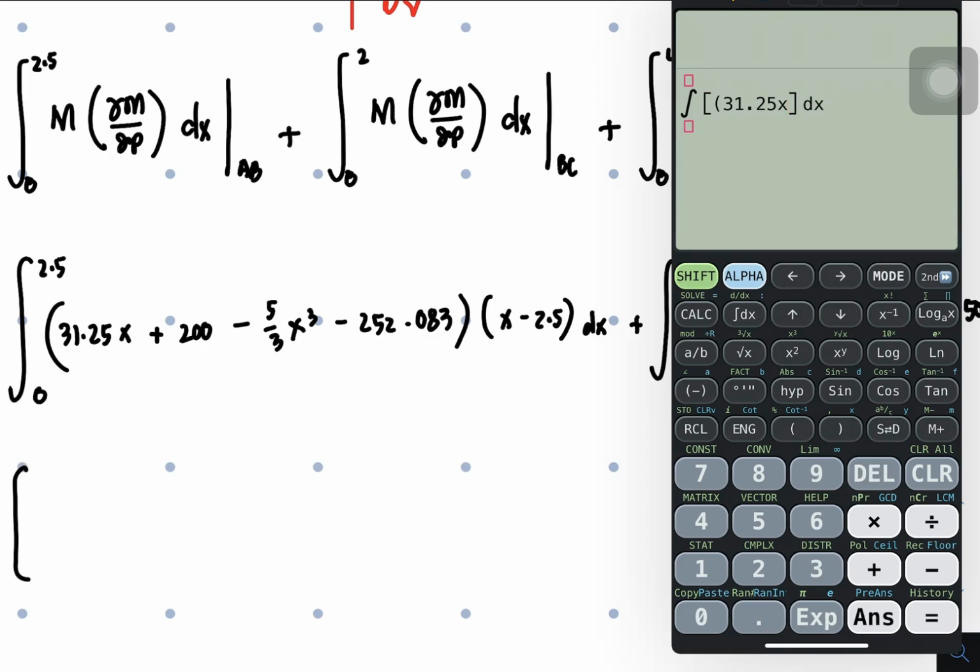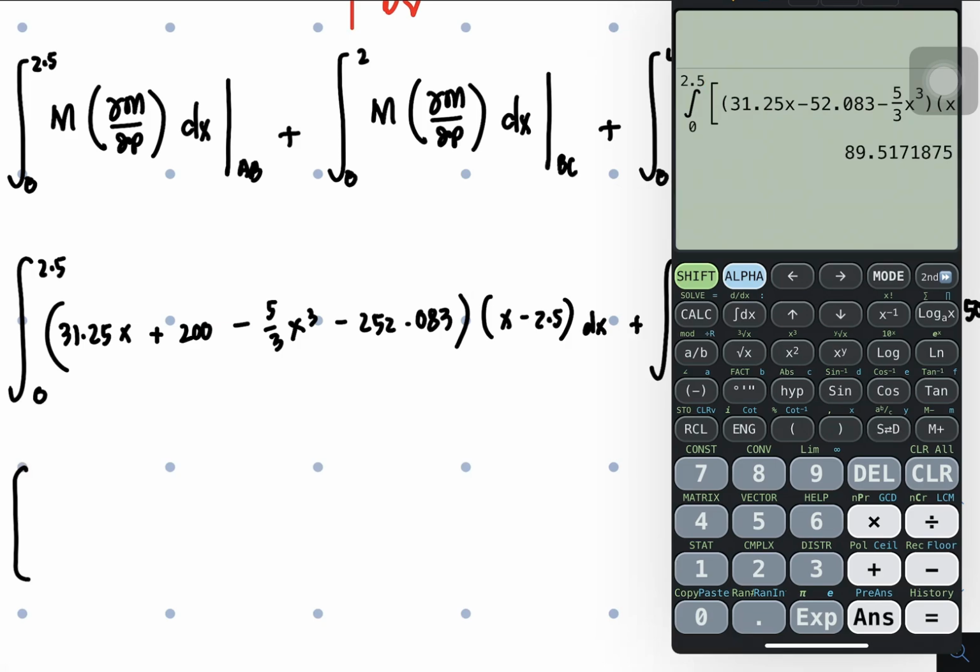So I can rewrite that as negative 52.083, and then minus 5 over 3x cubed times x minus 2.5 from 0 to 2.5.